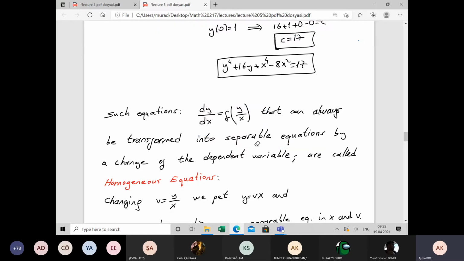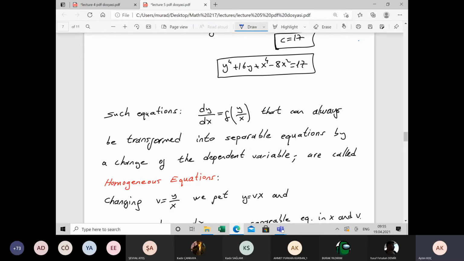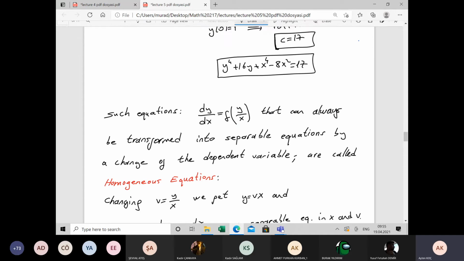How to apply this one? Let's see that. If our equation is in this form, dy over dx equals f of y over x, this equation is called the homogeneous equation.